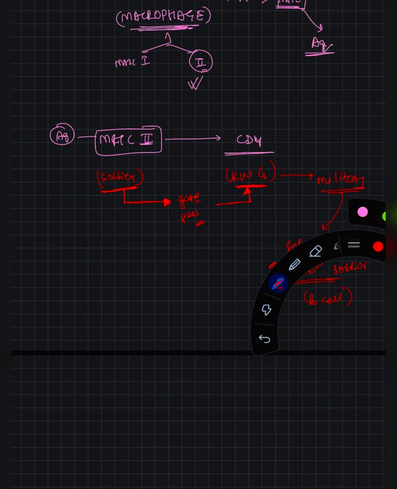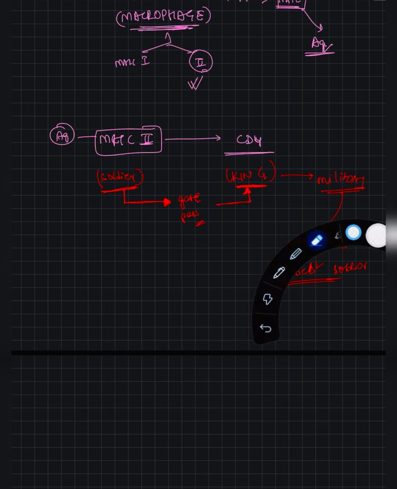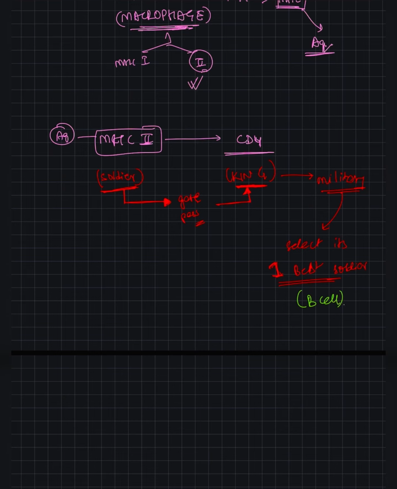Now let us clear the story. What do we mean by all these things? This soldier is MHC2. The gate pass is interleukin 1. It means the MHC2 will secrete interleukin 1. The interleukin 1 activates the king, which is CD4.